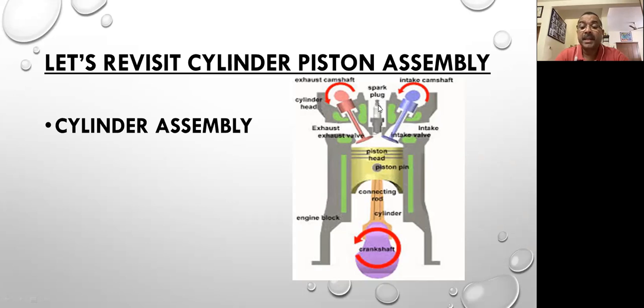So let us read this as fuel injector. In the case of a diesel engine, this is a fuel injector, and you can see a cam here at the top of the inlet and exhaust valves. These cams will be operating these valves.